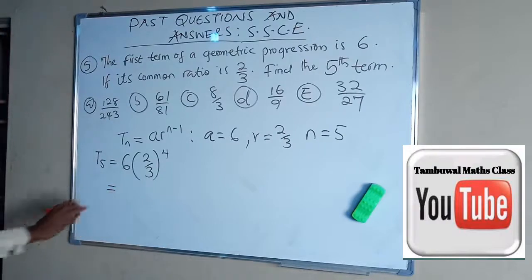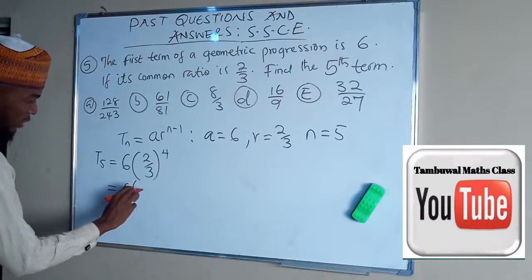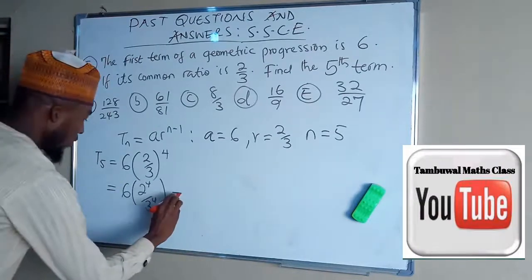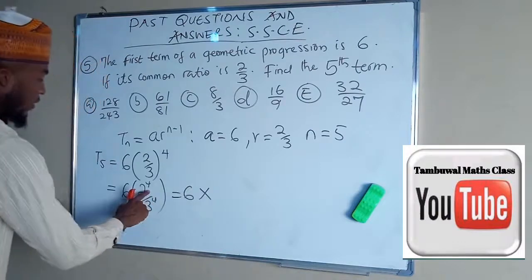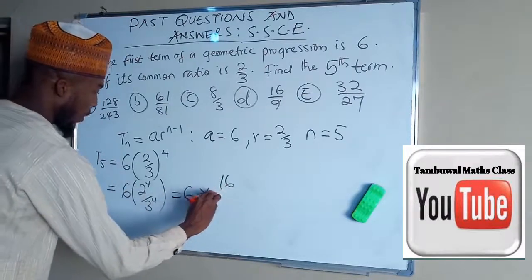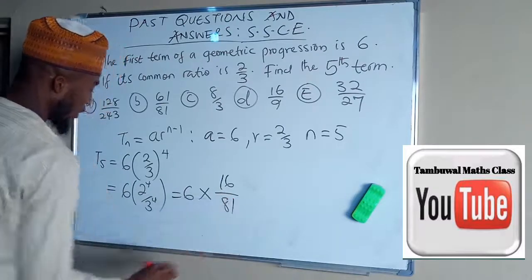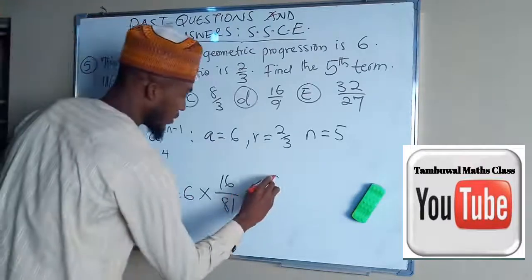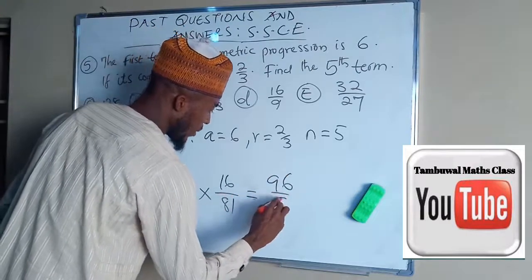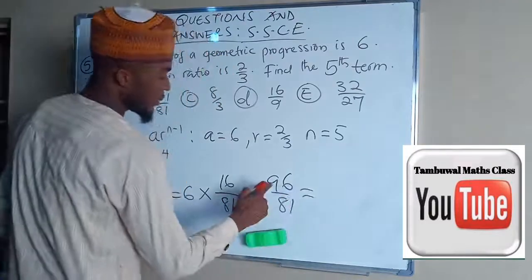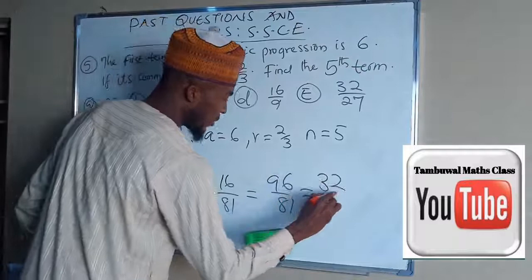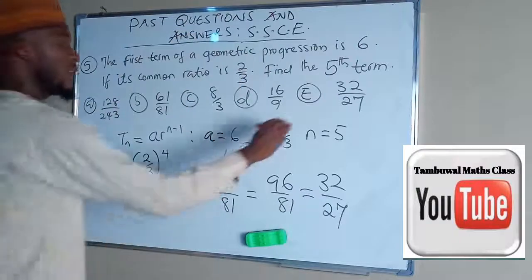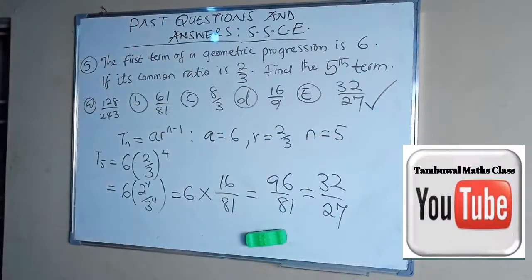This simplifies to 6 in brackets of 2^4 over 3^4. This equals 6 multiplied by 16 divided by 81. 6 times 16 will give us 96. 96 divided by 81. 96 divided by 3 is 32, and 81 divided by 3 is 27. So the right option is E, which is 32 divided by 27.